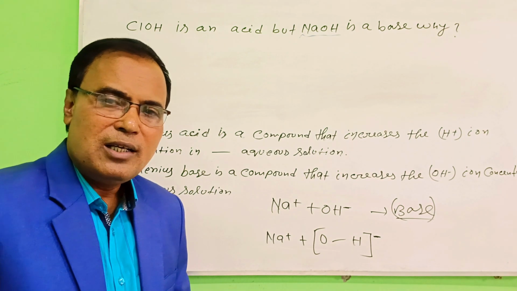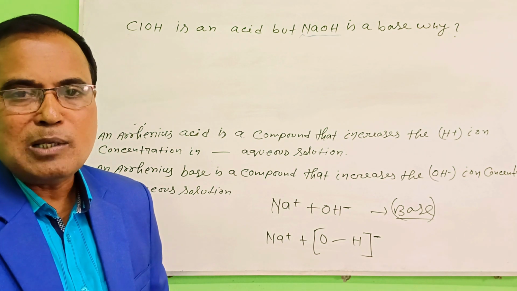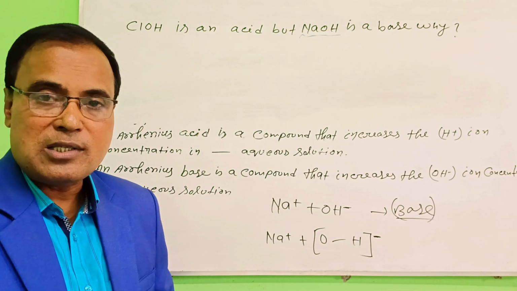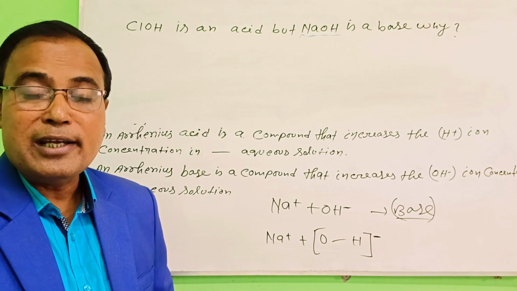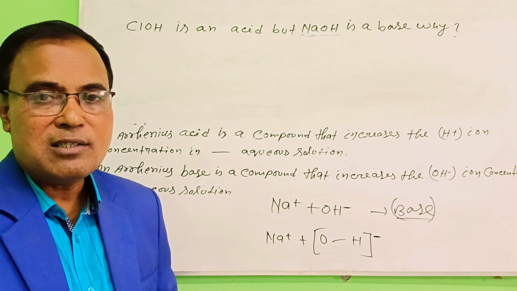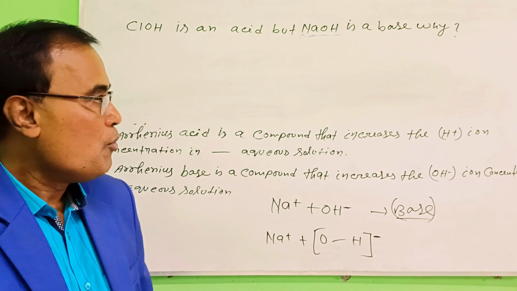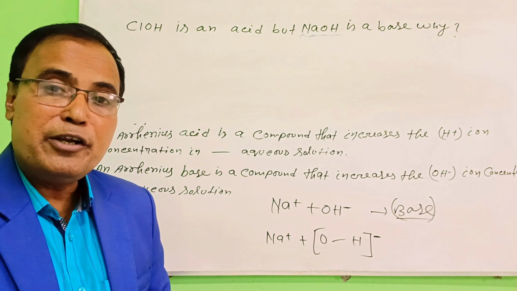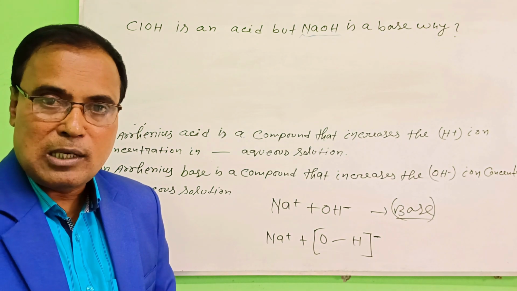As we know, there are different concepts in chemistry about acids and bases. But the most common and initial concept is Arrhenius' concept. For answering this question, we need only Arrhenius' acid-base concept.